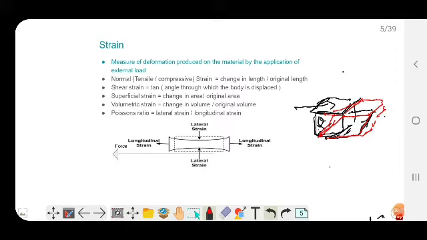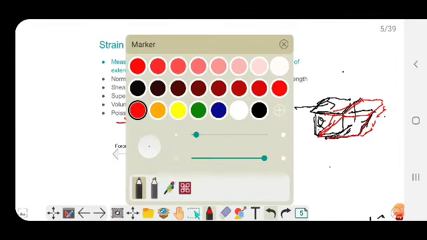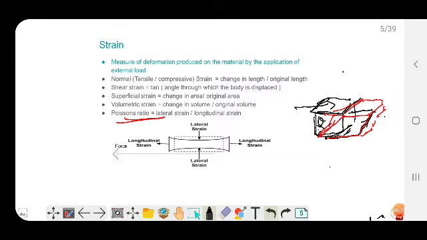Now another important term to be noted is Poisson's ratio. Suppose we are considering a body undergoing a tensile force as shown in the figure. While the length of the body increases, you can see there is a decrease in the lateral dimension.